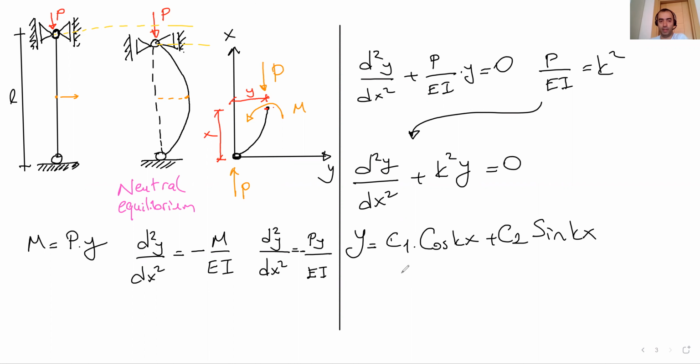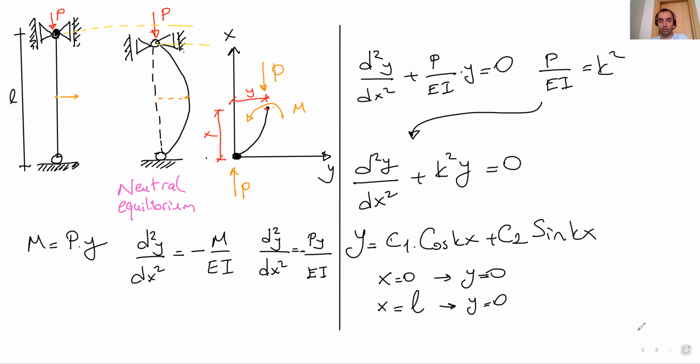To solve this equation, we can talk about the boundary conditions. At x equals 0, y is 0 at this position. At x equals L, at the top of this member, again there is no lateral movement, so y is 0. These are the boundary conditions.